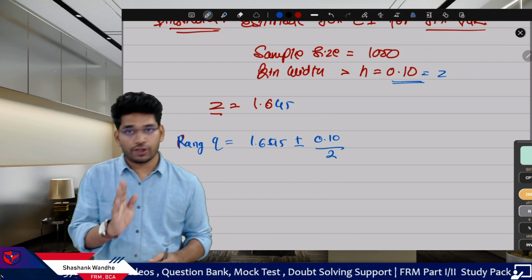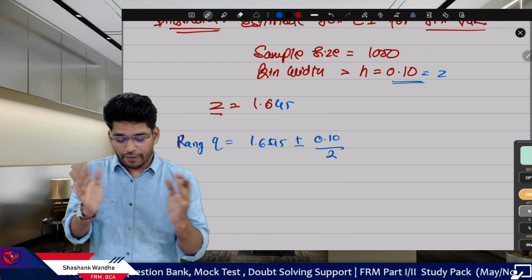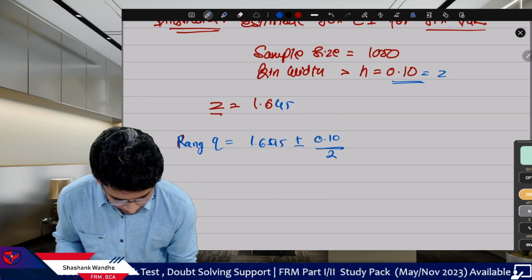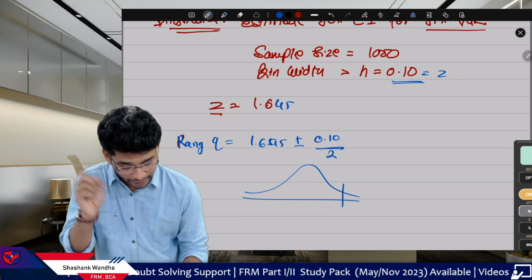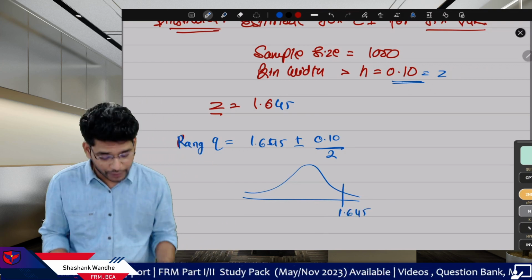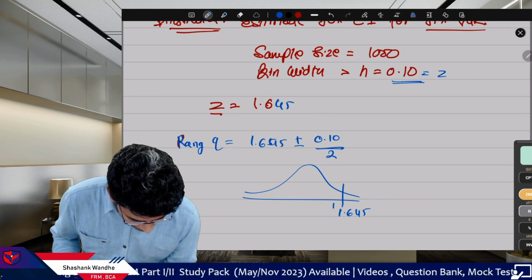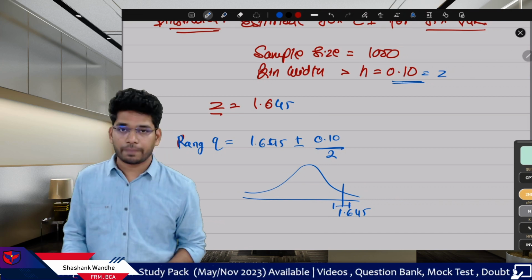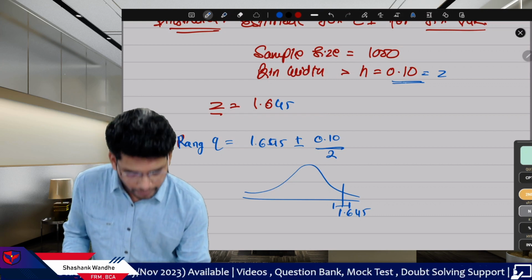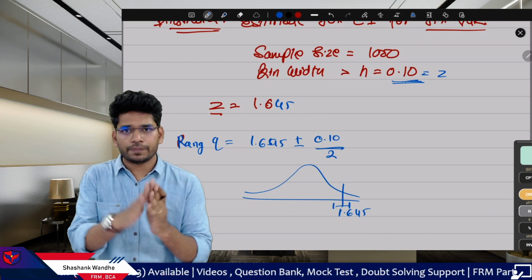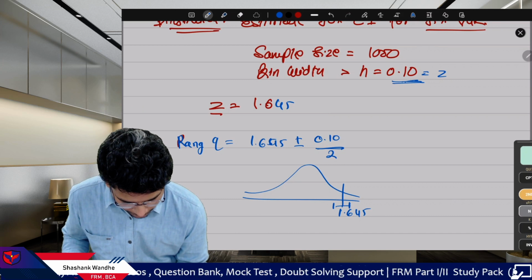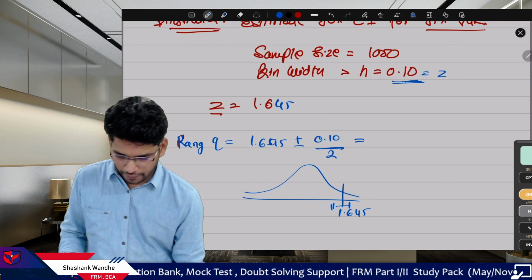We are calculating the range of Q, that is for the confidence interval building, and that's why from 1.645, remember 1.645, this will land on the right side. So we want this particular bin, and for this we have to use this bin width divided by 2, left of the Z value and right of the Z value. This is what we are doing here.